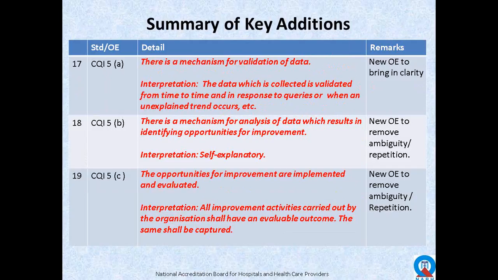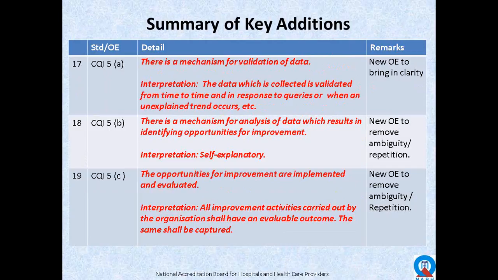Now you have data, they give you data, they say this is what. Right now the standard does not provide any scope to look at whether the data is valid. Indirectly it could be looked at, but there is no direct representation in the standard. So this is a new objective element which is to bring better clarity and probably make it easier for the organization to adhere to.